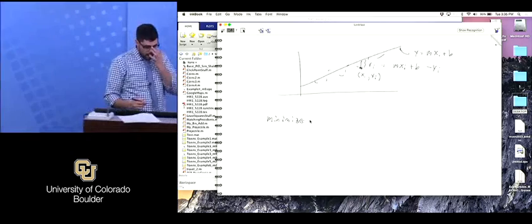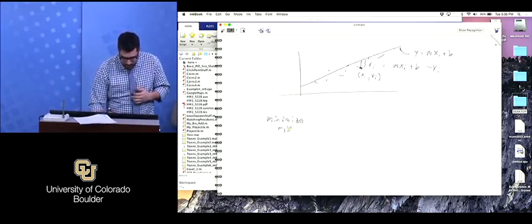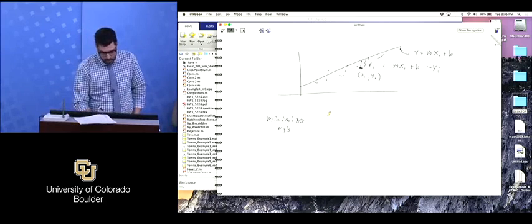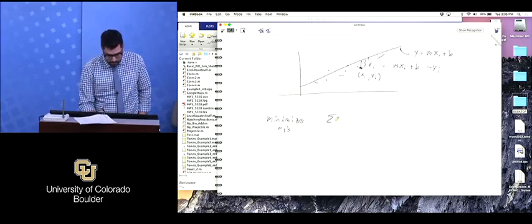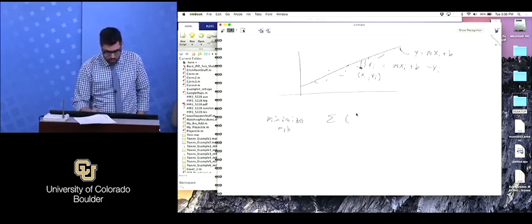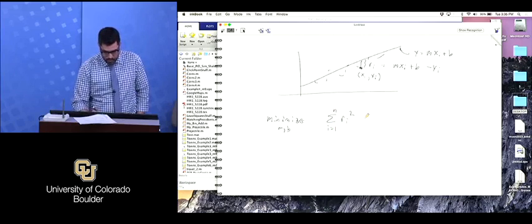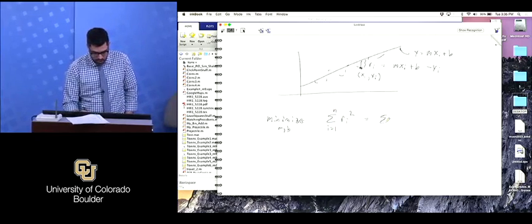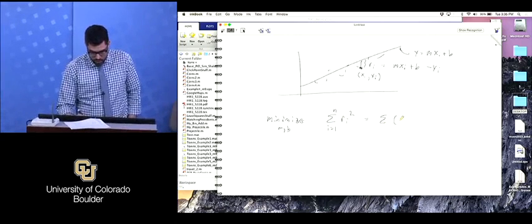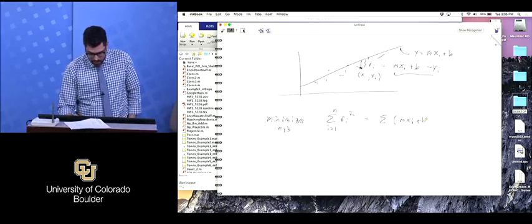So minimize over m and b the sum, i equals 1 to n, of the residual squared, which is also equal to the sum of m x_i plus b minus y_i, quantity squared.